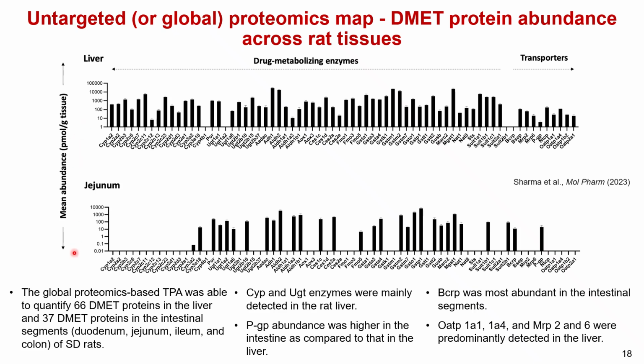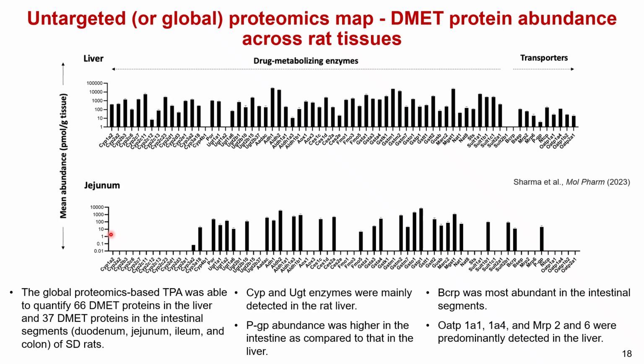Overall, the global proteomics based total protein approach was able to quantify 66 DMET proteins in the liver and 37 DMET proteins in the intestinal segments of Sprague-Dawley rats. Consistent with the human proteomics data, CYP and UGT enzymes were mainly detected in the rat liver, just like we observe in the human liver.